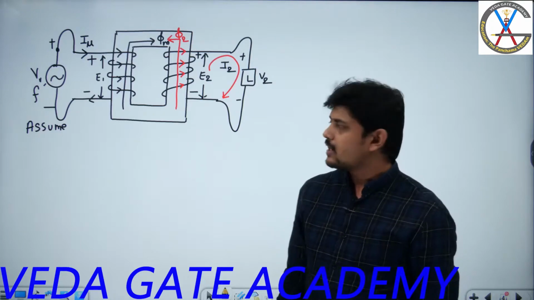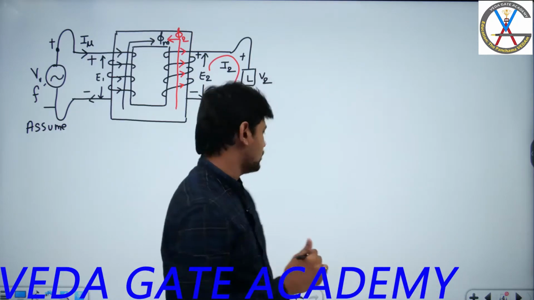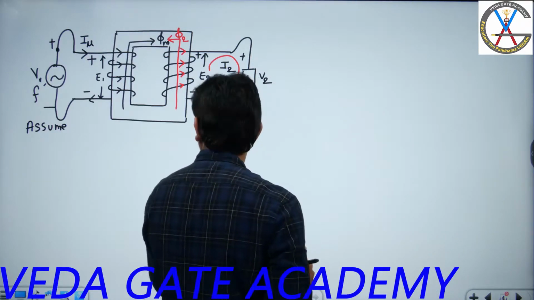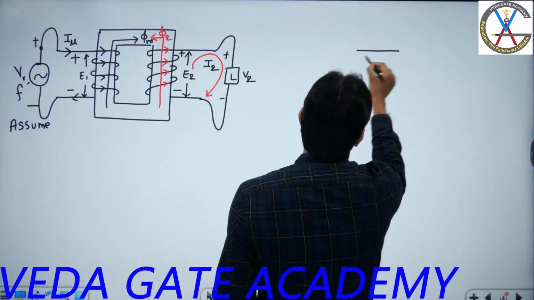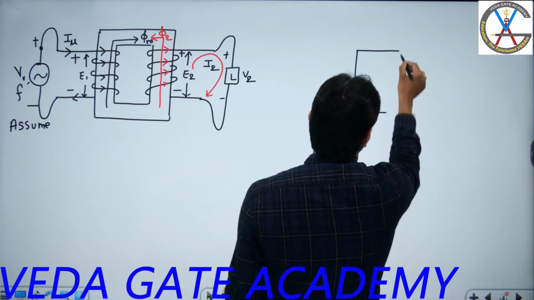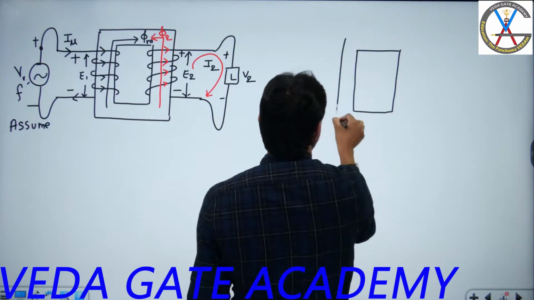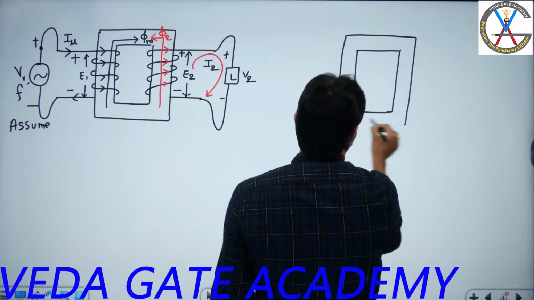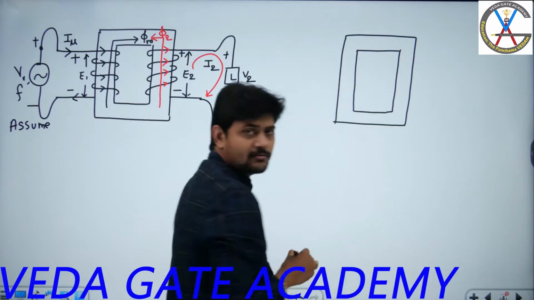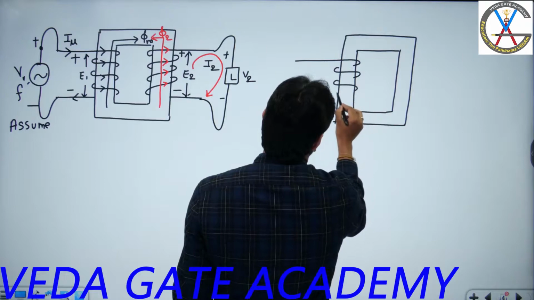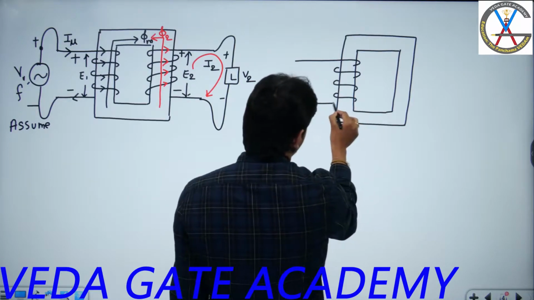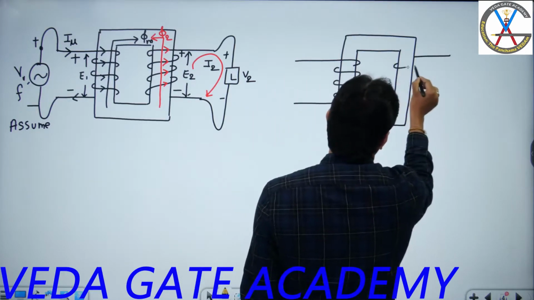No. Right? So suppose I take one more case. Suppose I have a transformer. Let us assume this is my transformer, on which I have wound the winding as shown here.